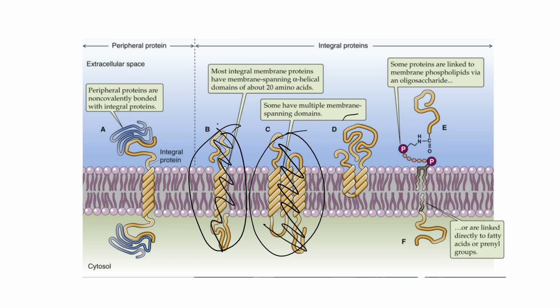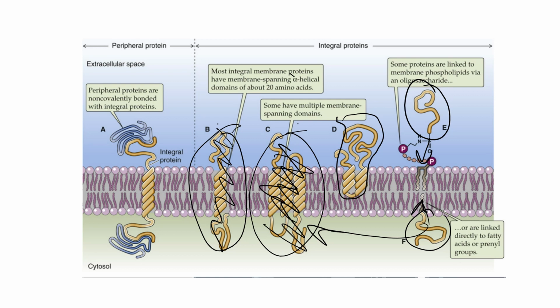Right? Then we also have integral proteins that only span a portion of the plasma membrane. And then we have integral proteins that don't span the plasma membrane at all. They're just attached through a covalent bond to the periphery of it. And sometimes, as you're going to see in a second, you'll have one of these peripheral integral proteins that are actually attached to a transmembrane integral protein.